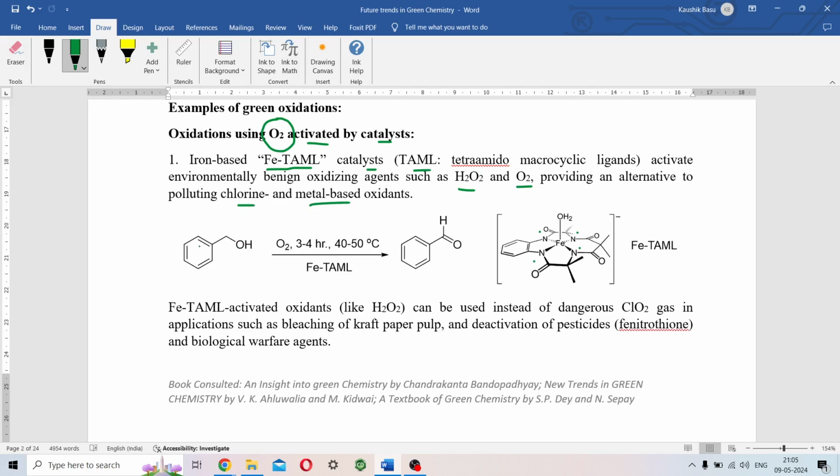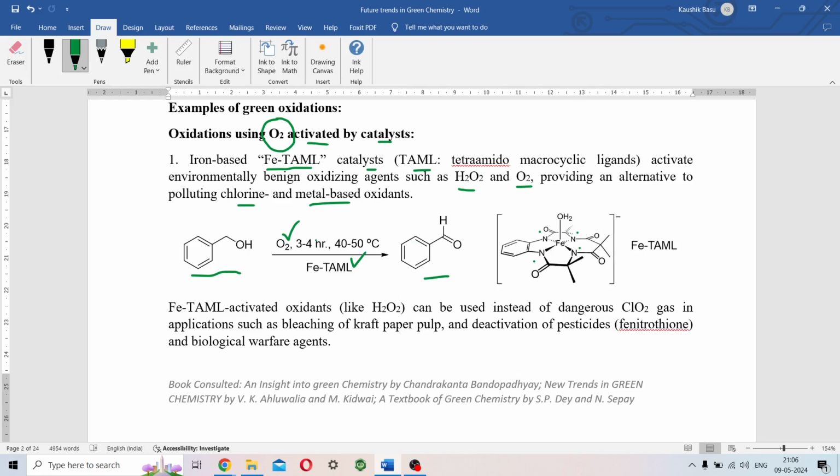So here you have oxidation of a benzylic alcohol, precisely benzyl alcohol, into benzaldehyde, where oxygen is the oxidizing agent, but deploying only oxygen will not give you the oxidation product. You have to use the iron TAML macrocyclic ligand as the catalyst to activate the oxygen so that it can oxidize the benzylic position and convert the substrate into benzaldehyde.